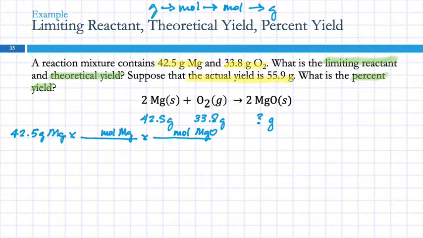No, this is the thing we want to know, the amount of product, okay? So we're going to take both of these to magnesium oxide, and then to grams of magnesium oxide. So I've got grams of magnesium down here.